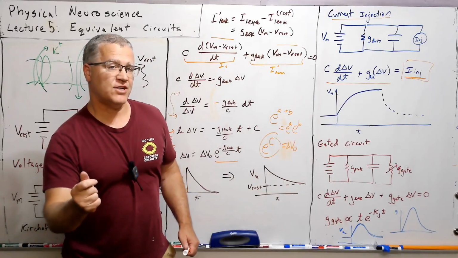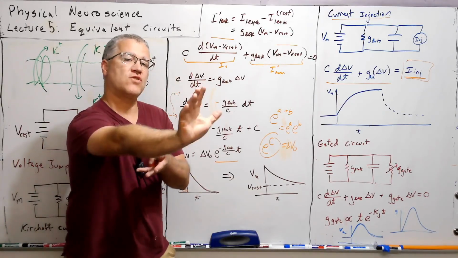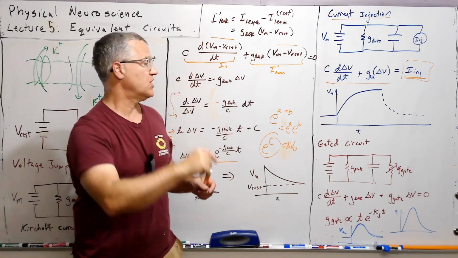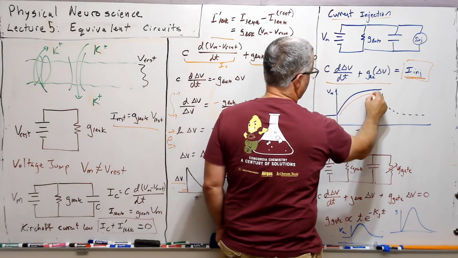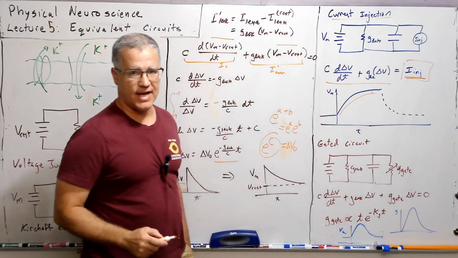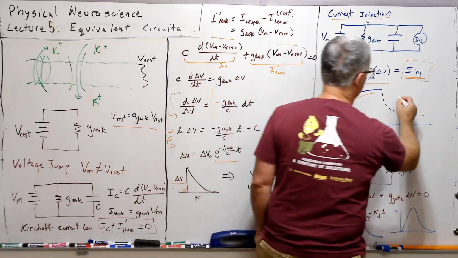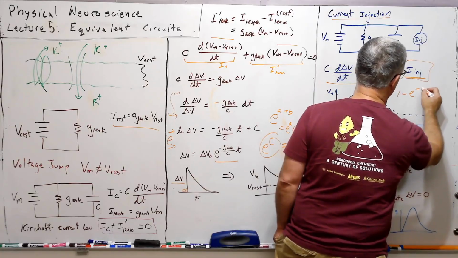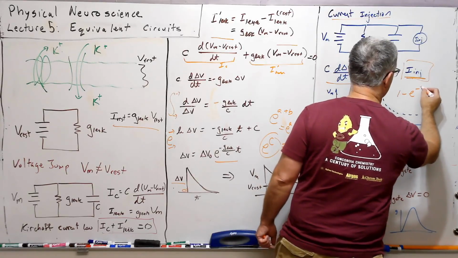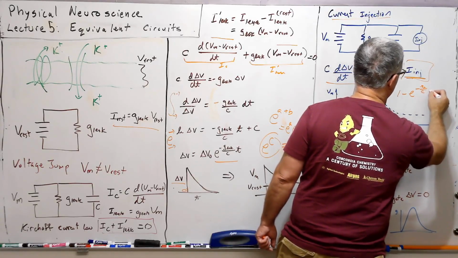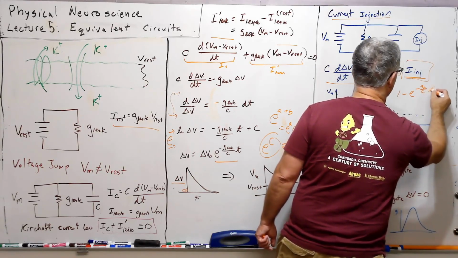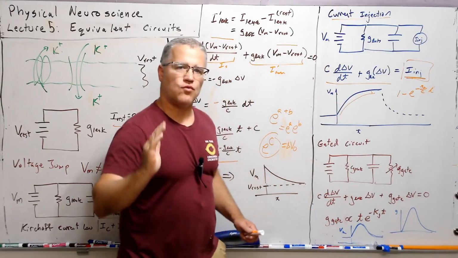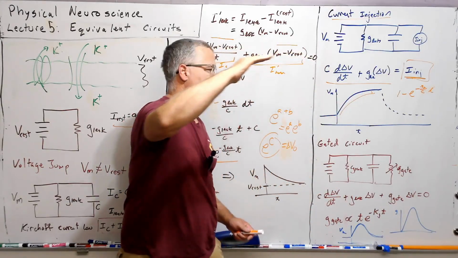So we don't have an initial voltage jump, but we have something driving that, which is going to change the delta V here. This is not equal to 0. So that is going to rise, and it's actually going to rise exponentially. So this is going to be something like 1 minus E to the minus G leak over C T. So that rises exponentially and then tapers off.